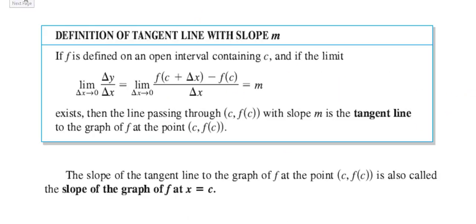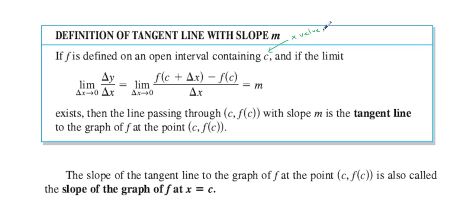All right, little book definition. I wouldn't write it all word for word because we have some of it already. Definition of a tangent line with slope m. If f is defined on an open interval containing c, which is an x value, and if that limit is the limit of delta x going to 0 of our change of y over change of x, and we have that limit definition of slope of a tangent line we already came up with.